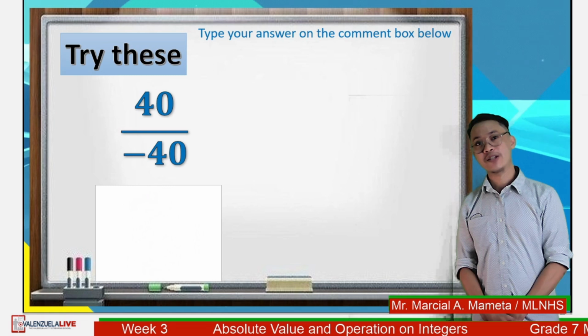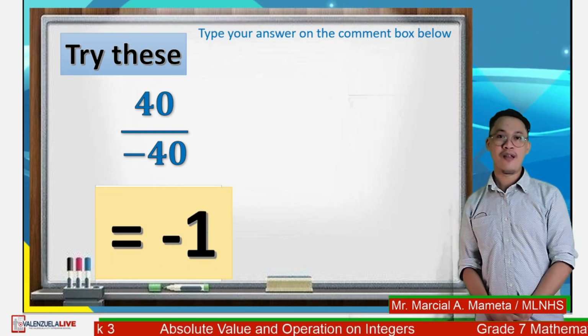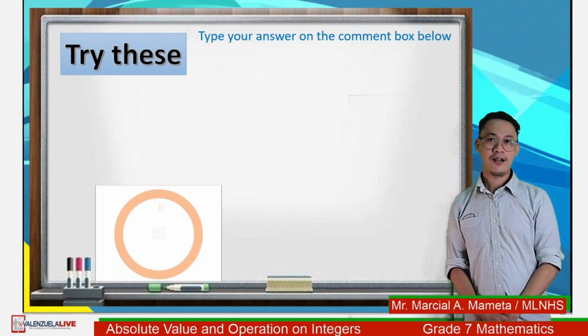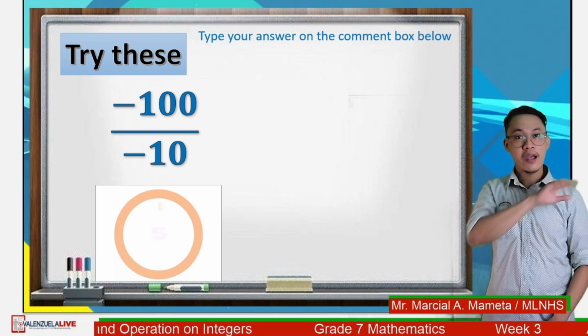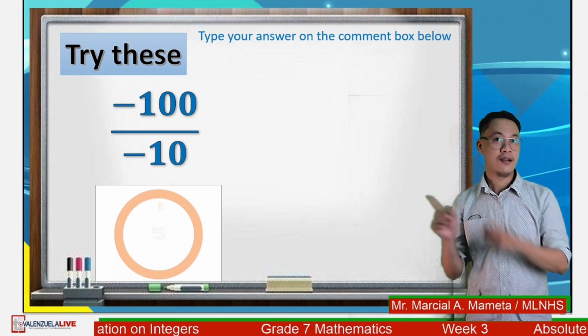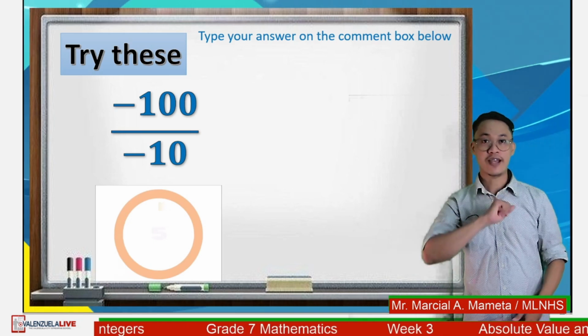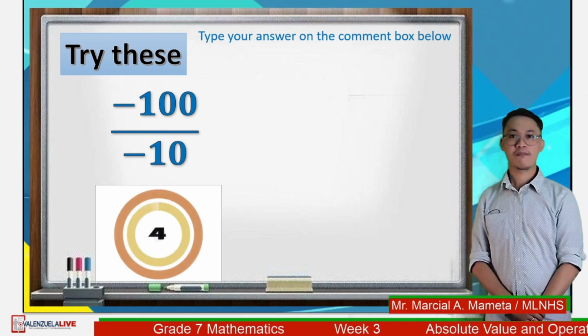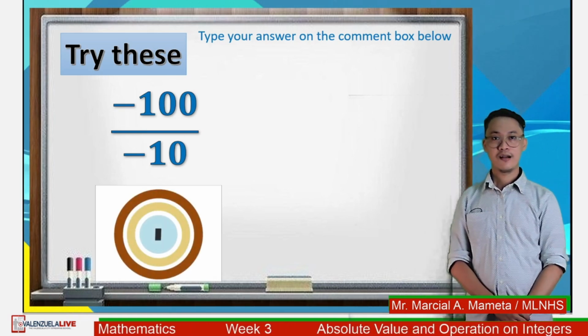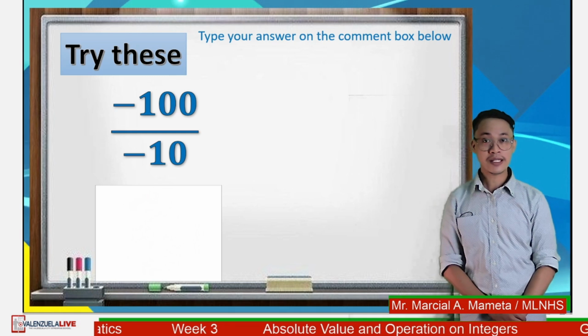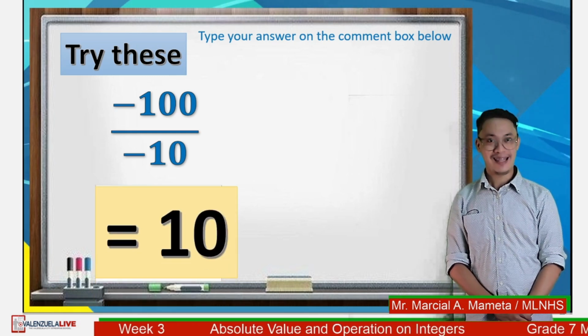The correct answer is negative 1. How about this one? Negative 100 divided by negative 10. Like signs. 5 seconds. The correct answer is positive 10. Very good.